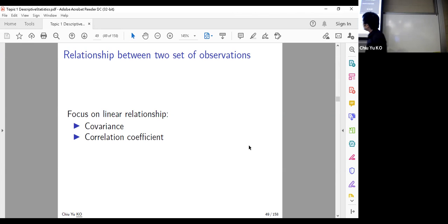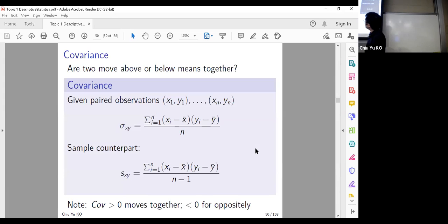But let's consider what the covariance and correlation coefficient are. As you can see from the name covariance, you will expect the formula to be similar to variance. Indeed it is. So let's consider our data. Instead of x1, x2, x3, it will be income of guy number 1, guy number 2, guy number 3.